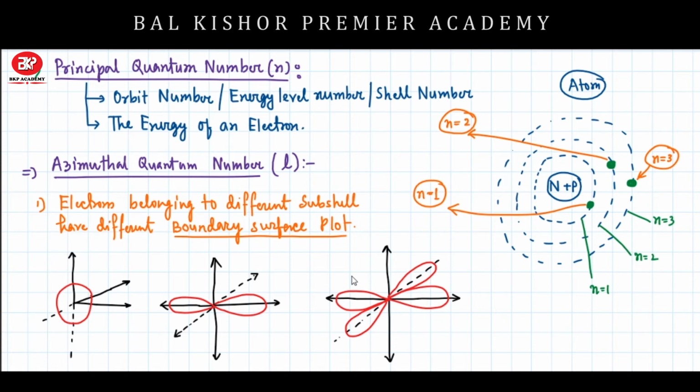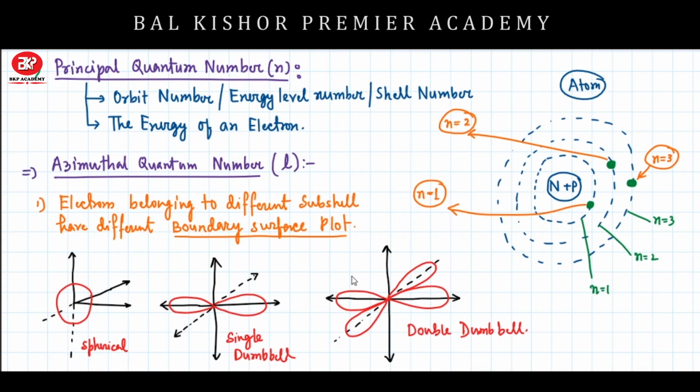So the first plot is nothing but a spherical surface plot. The second one is the single dumbbell surface plot, and the third one is a double dumbbell surface plot.